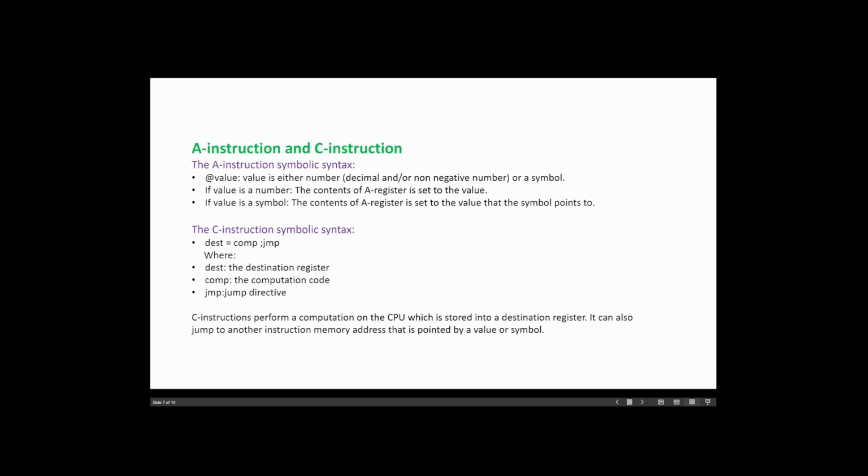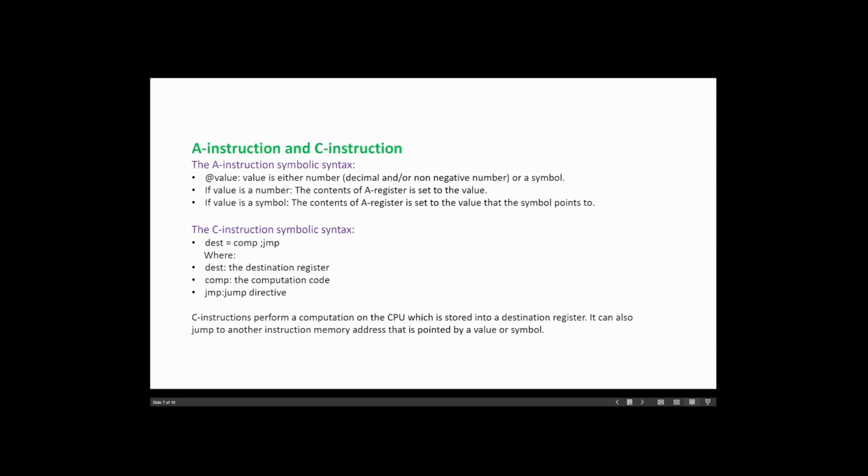If the value of the A instruction is a symbol, then the instruction will set the contents of the A register to the value that the symbol points to, and this value will not be the actual value in that memory register. On the other hand, the C instruction has a symbolic syntax of dest = comp ; jump.